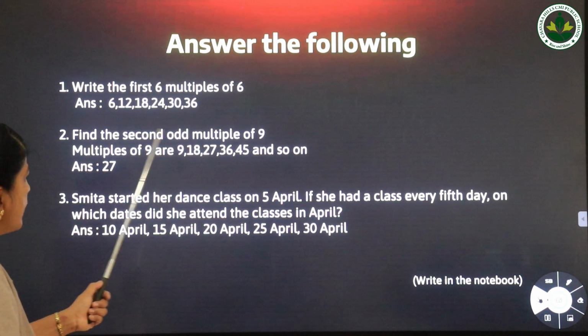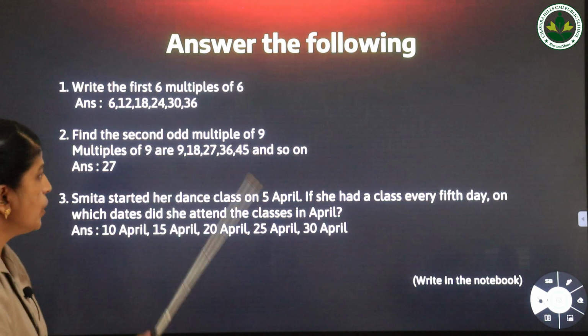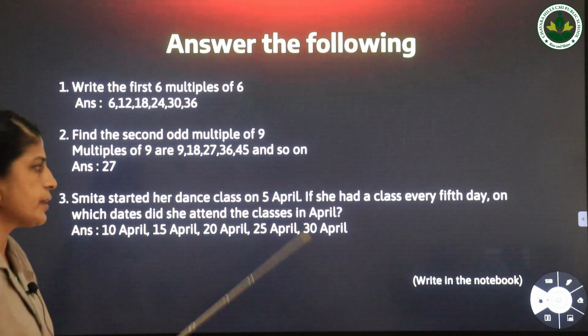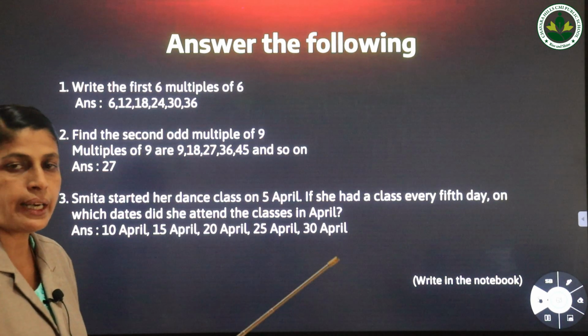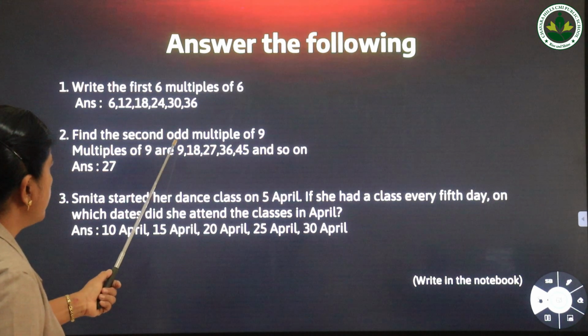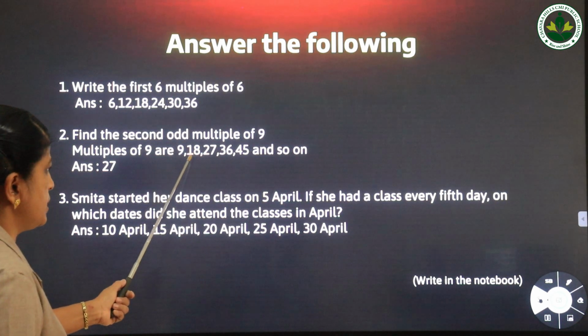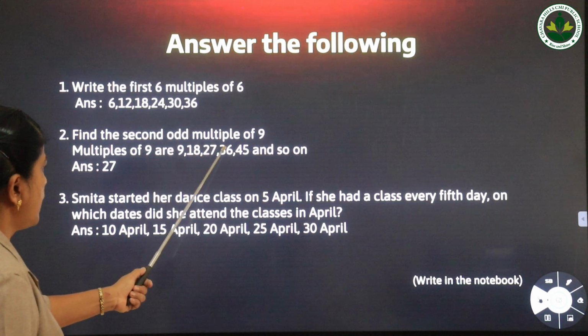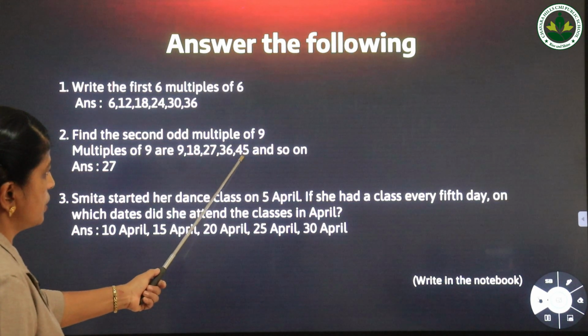Then, find the second odd multiple of 9. To find it, write down some multiples of 9: 9 times 1 is 9, 9 times 2 is 18, 9 times 3 is 27, 9 times 4 is 36, 9 times 5 is 45 and so on.